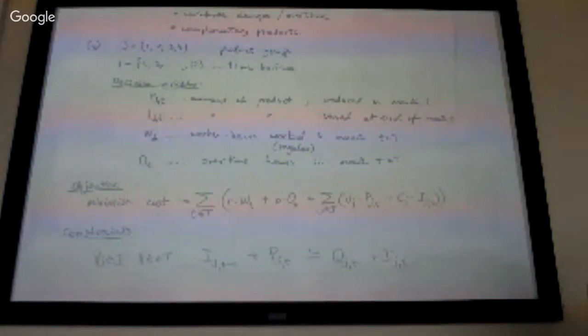There should be a note that I_J0 is the initial stock or inventory level.